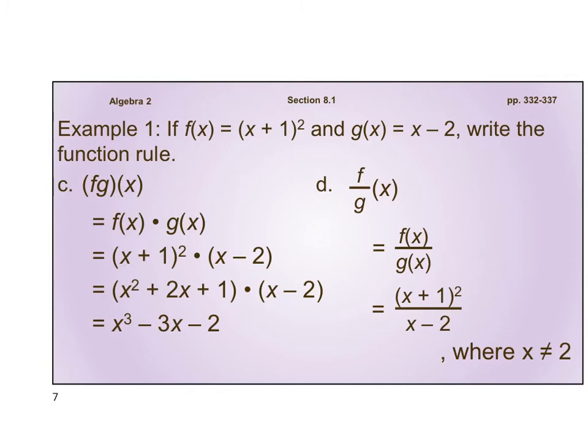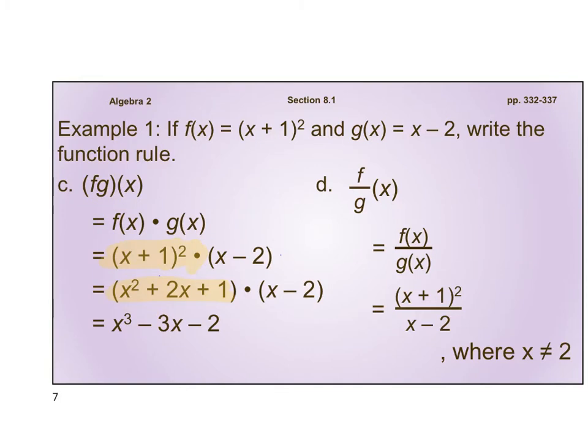Okay, so f times g, I'm going to have to multiply these two together. To do that, I'm going to have to take my x plus 1 squared and FOIL it out to get the trinomial x squared plus 2x plus 1.